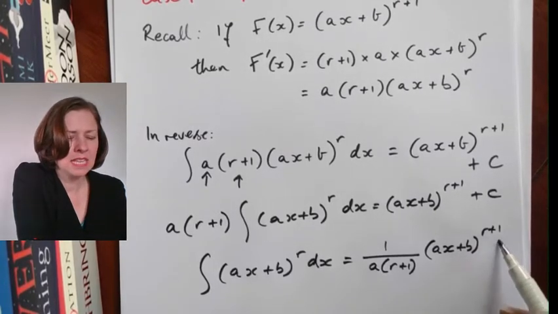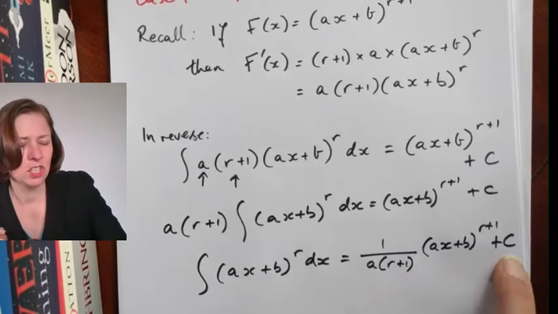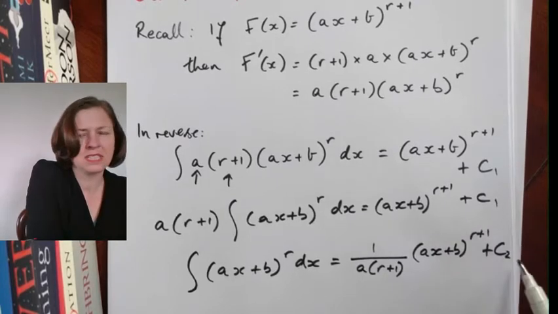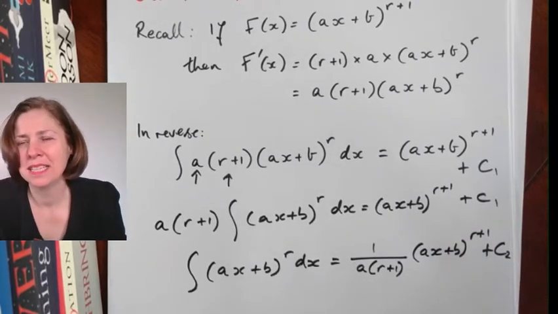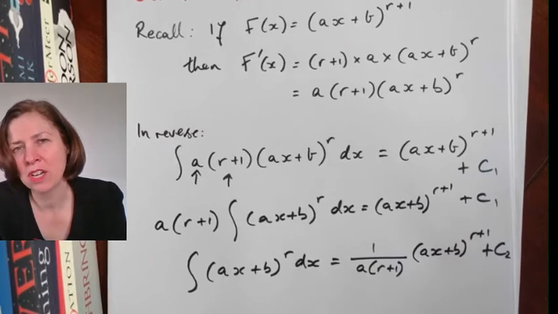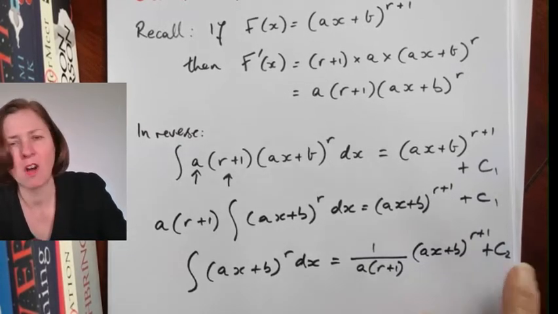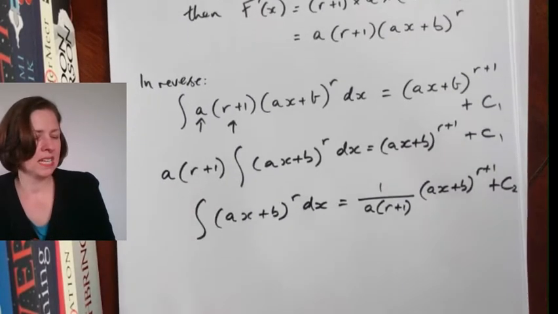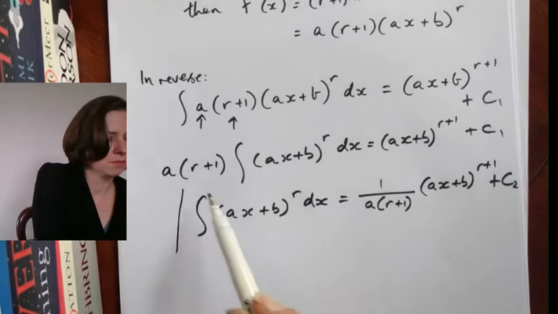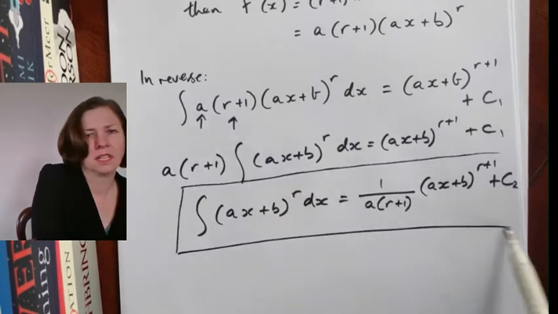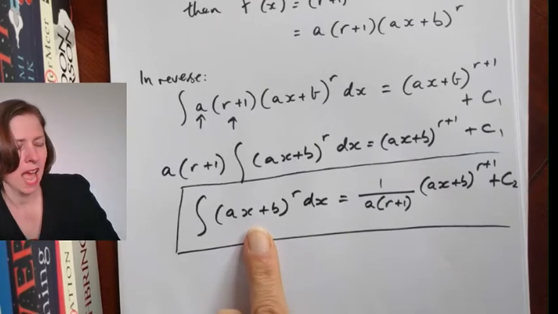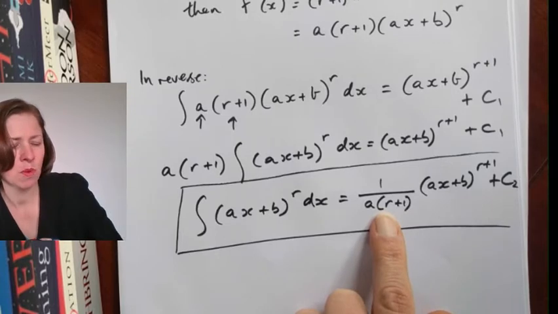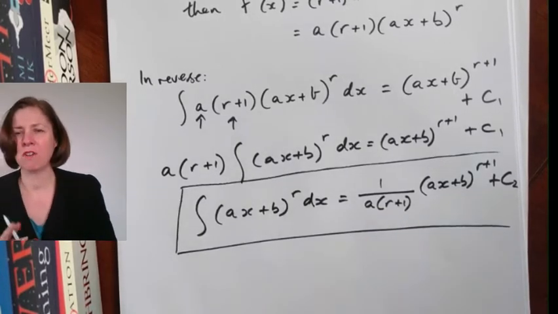Now, I still need a plus c. This c is actually different from this c. So I'm just going to call these ones c1 and I'll call this c2, but it really doesn't matter because c stands for an arbitrary constant. So it doesn't matter if I then divide c by a number, I've still got an arbitrary constant. So what this leads me to is this rule here. The antiderivative of ax plus b to the power of r is 1 over a times r plus 1 times ax plus b to the power of r plus 1.